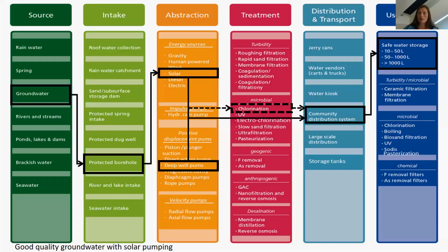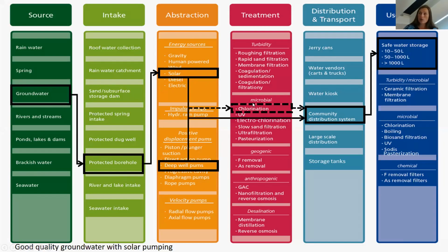For example, here I bring an example beyond those 9: good quality groundwater, which we want to combine with solar pumping. In this case, your source will be good quality groundwater, most probably deep groundwater. It can be extracted through a protected borehole and delivered with deep well pumps powered by solar energy.